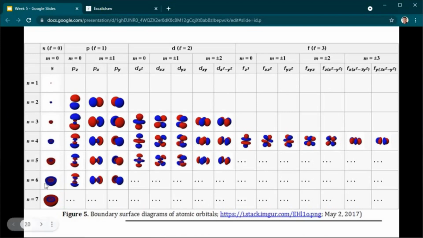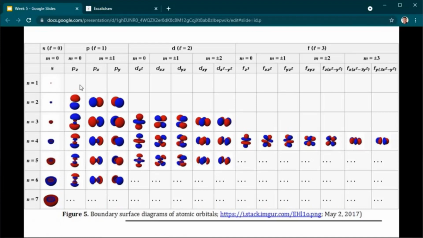So for s, it's shaped like a dome, or spherical. Spherical shape. Okay, so what is shown here is half. Then every color is 1 n. So 1, 2, 3, 4, 5, 6, 7. Okay, and so on.